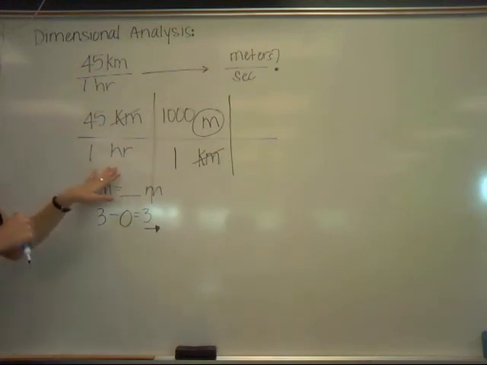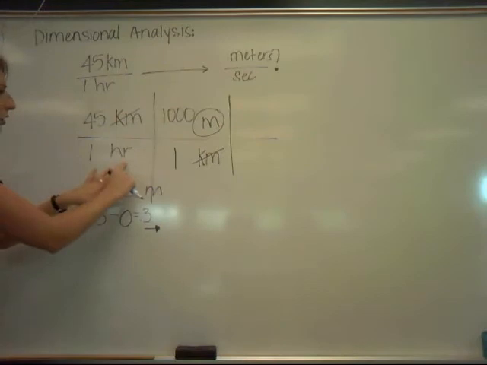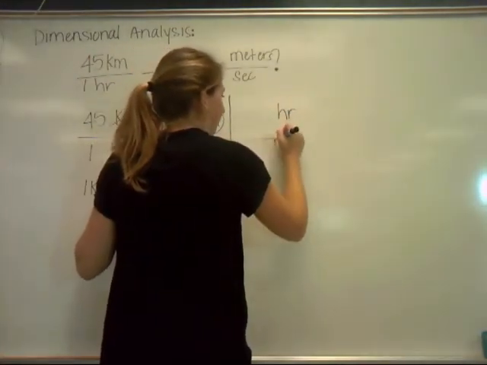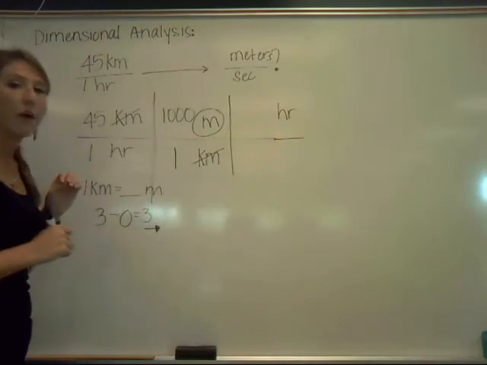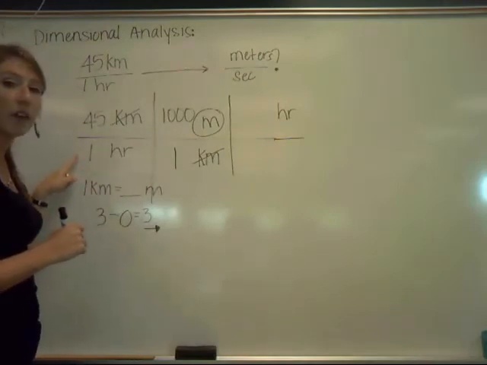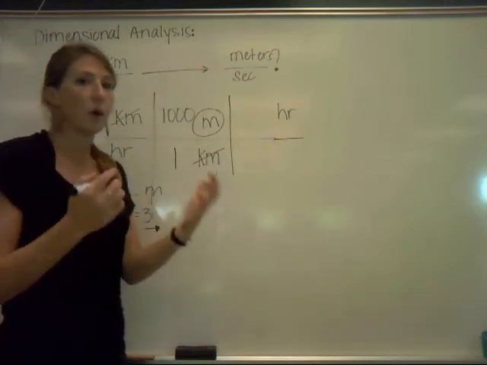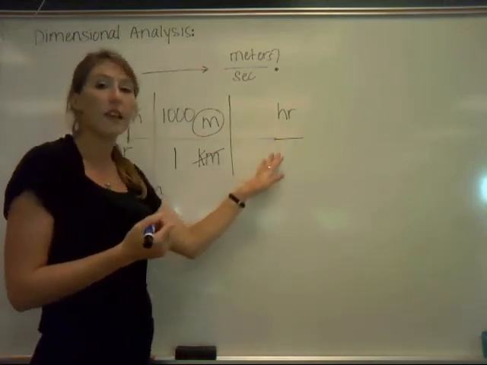But I'm still left with this hours. Hours right here is on the bottom. That means in my answer, hours needs to be on the top. So I put hours on the top. Again, I didn't worry about the number that was right here. Now you have to think, do I know how to get from hours to seconds?